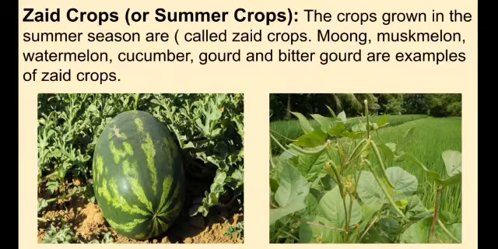In the summer season you might have seen lots of melon fruits, okay, watermelon and gourd, cucumber, bitter gourd, muskmelons. So these are all easily available in the summer season, so they come under the Zaid crops only.